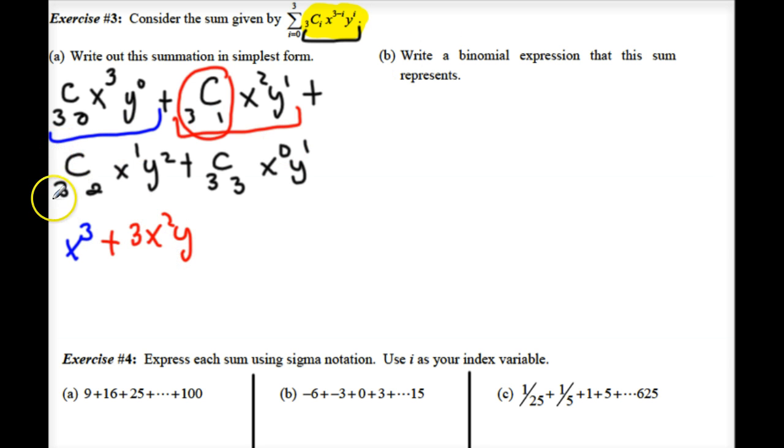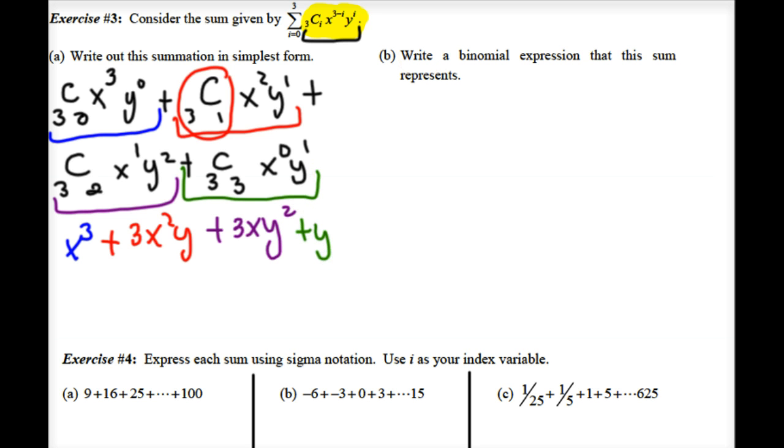Then this right here works out to be plus 3xy squared. And then the last one works out to be plus y. I'm sorry, this should actually be y to the third because it's y to the i power. And this ends up being my final answer.